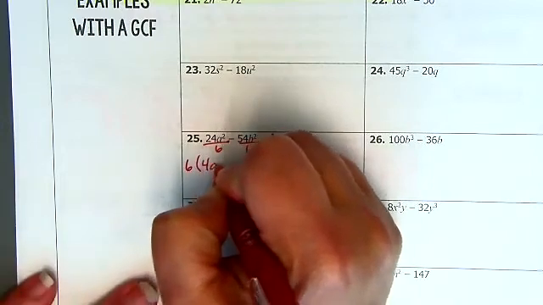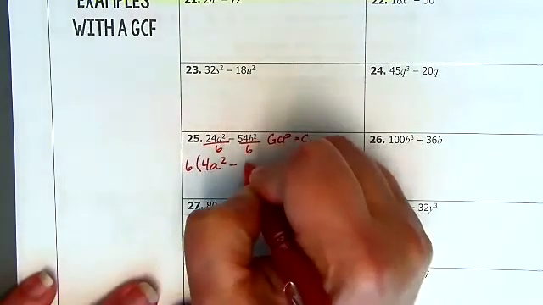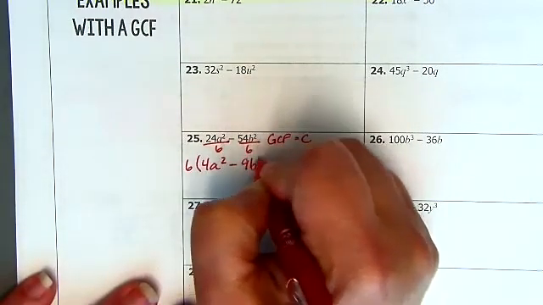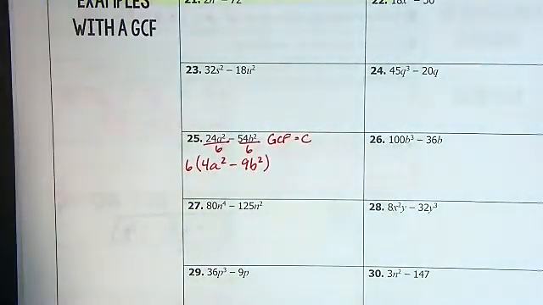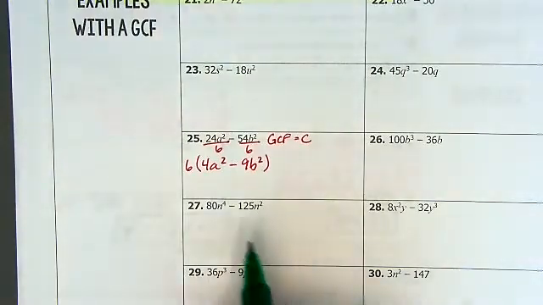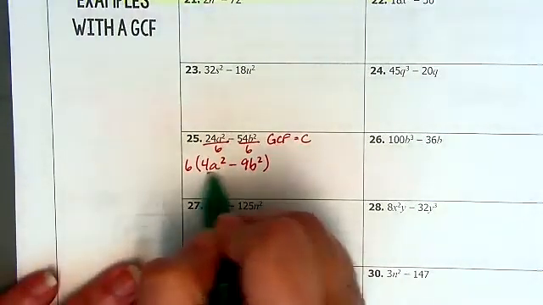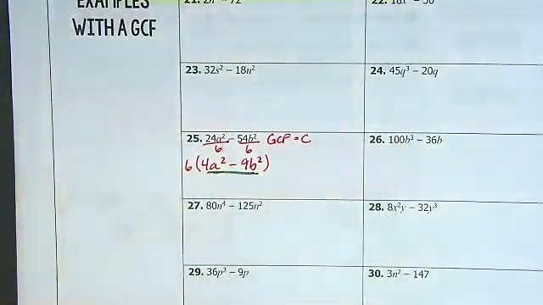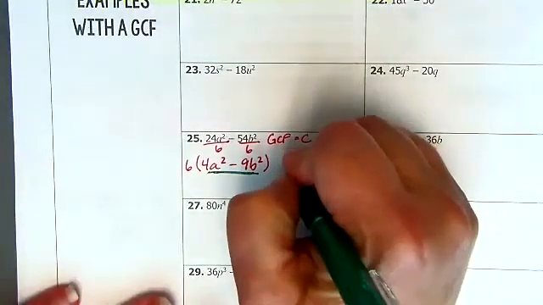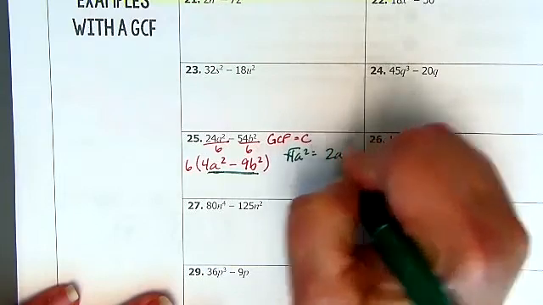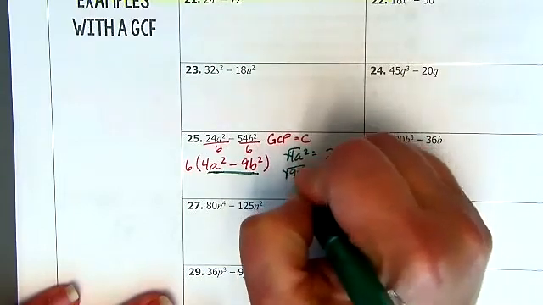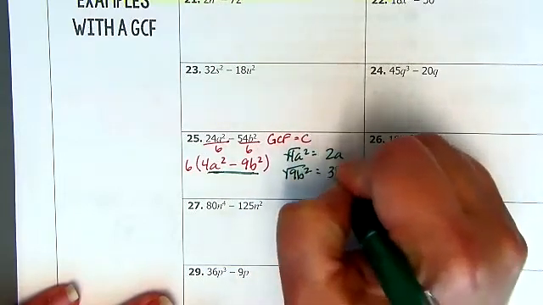4a squared minus 9b squared. And when I do that, now I can look to see, is what I'm left with here a difference of squares? So that's where I've got to check my square roots. I have 4a squared, that can become 2a. The square root of 9b squared can become 3b.